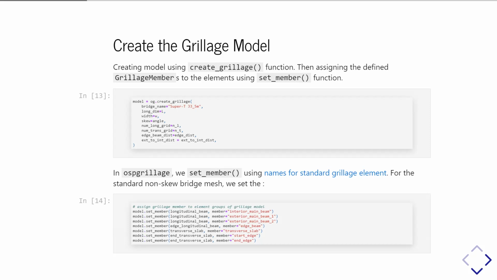You pass the grillage member object defined previously into set member, and say set longitudinal beam as member interior main beam, and it will automatically set that defined grillage member's properties to those elements along that line of the interior main beam. And this is the same for the transverse direction as well.